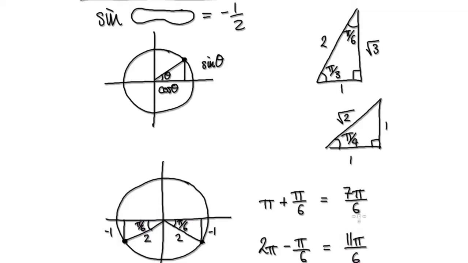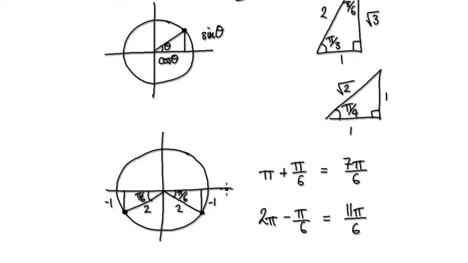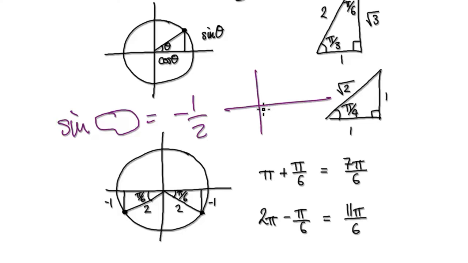So to solve this, we've got our first solution here. Our second solution would be here. So what that means is you're trying to solve sine something equals -1/2. So in your mind, picture this sine thing here.